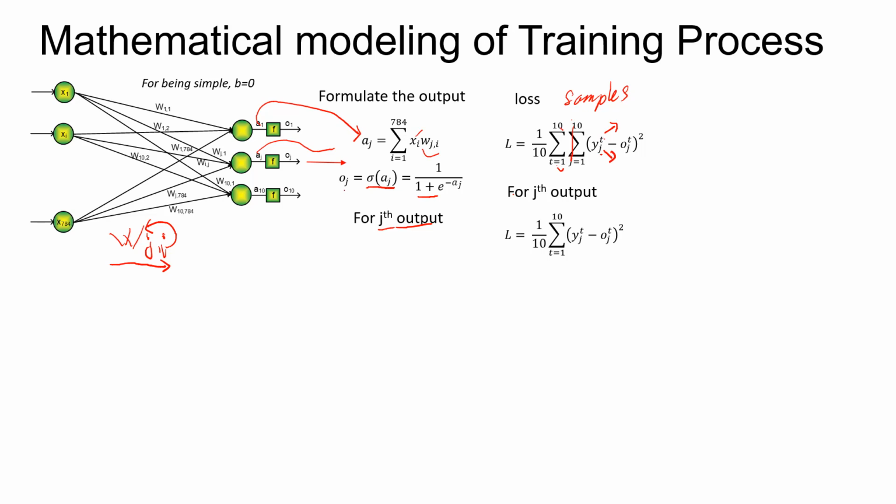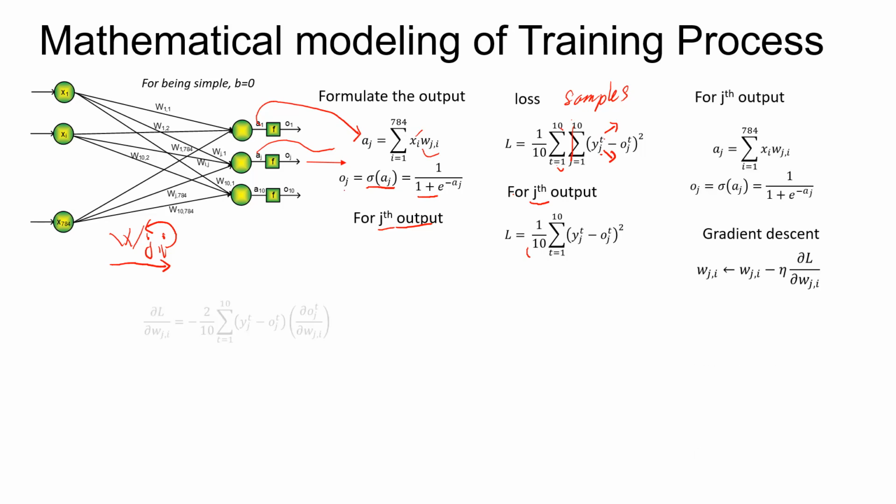To make it simpler, we simplify this to only one output neuron, and for that one output neuron we also calculate the error for all samples. In this case, we have 10 samples.